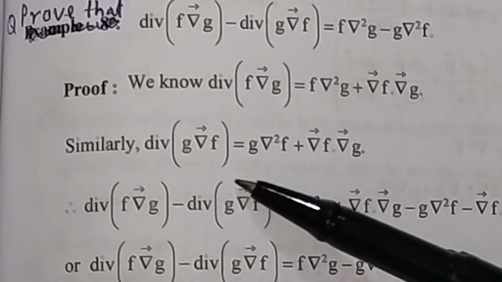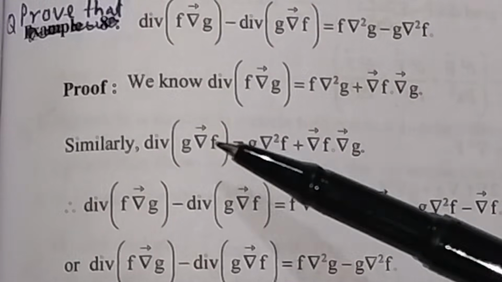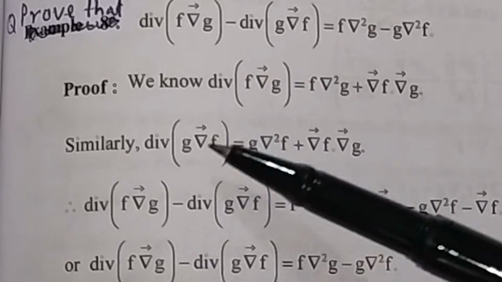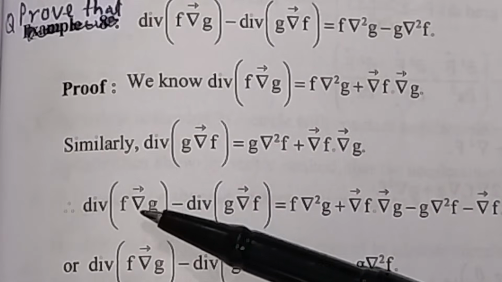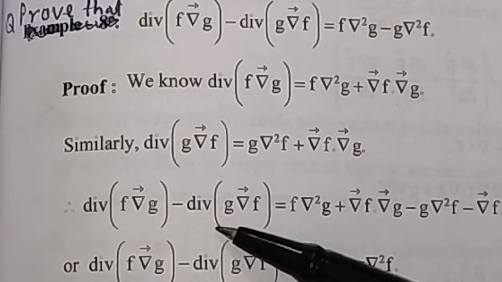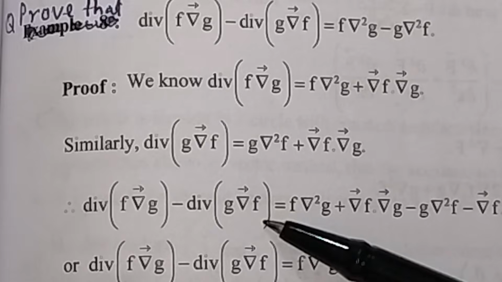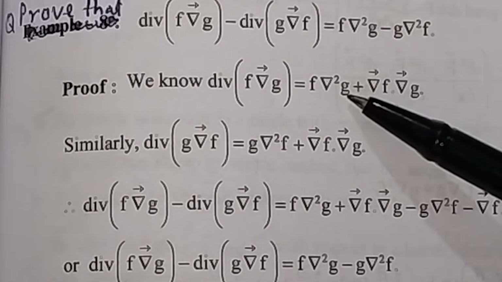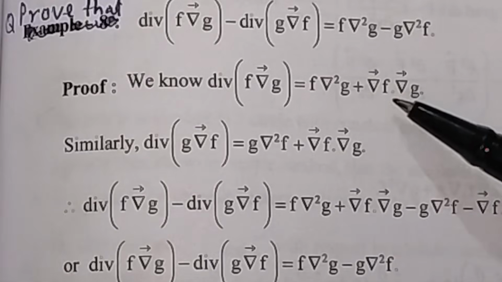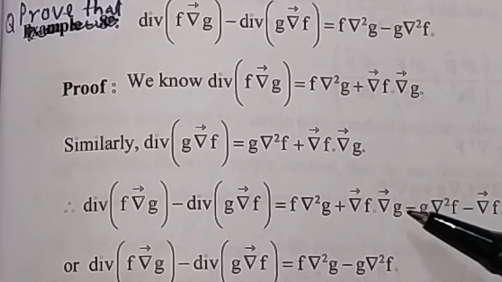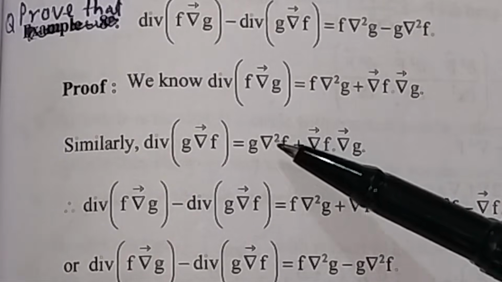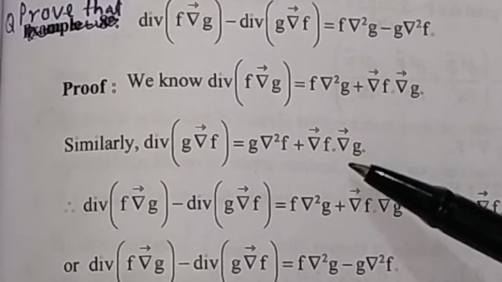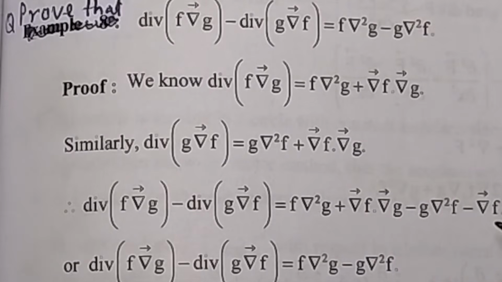Now take the difference. If you subtract this from this, then divergence of f gradient g minus divergence g gradient f will be equal to f Laplacian g plus gradient f dot gradient g, minus g Laplacian f minus gradient f dot gradient g.